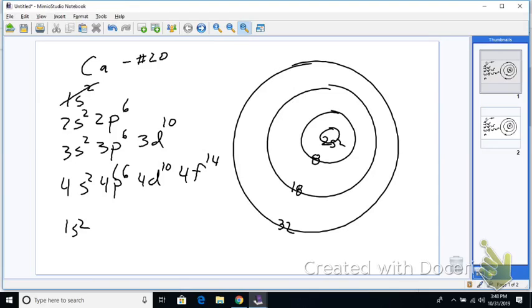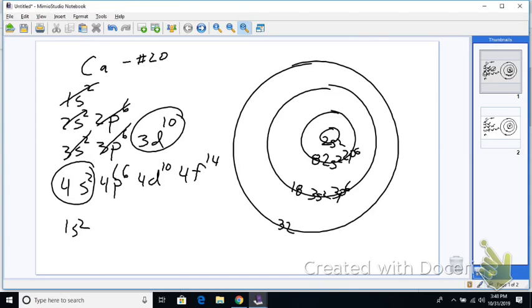And then 2p6, that would be 2s2, 2p6. So the second level is full. The third level can hold 18, so you go 3s2, that would be one of them. And you've got 3p6. And then what happens is the 4s is filled before the 3d.